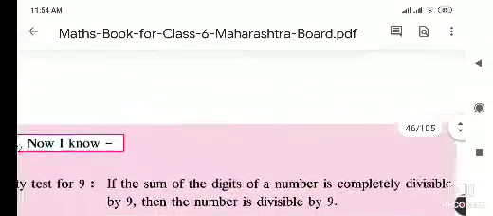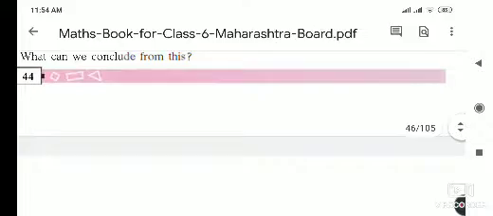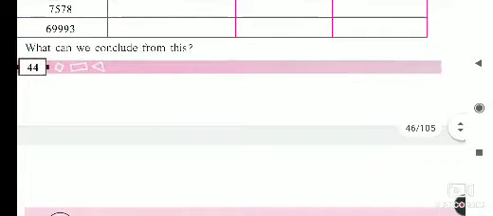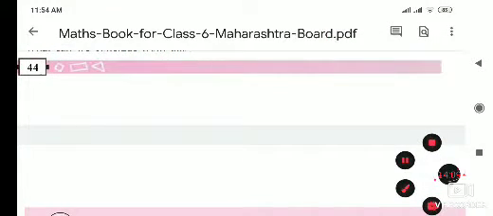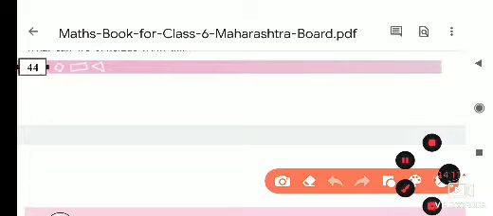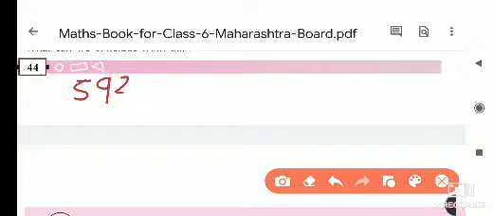Now we will check some more examples to see whether they are divisible by 9 or not. First of all, 5,922. We have to check directly whether it is divisible by 9. It is not necessary to divide 5,922 by 9.